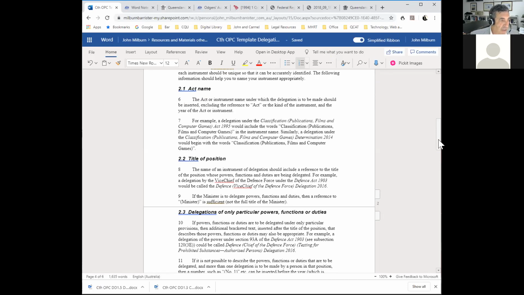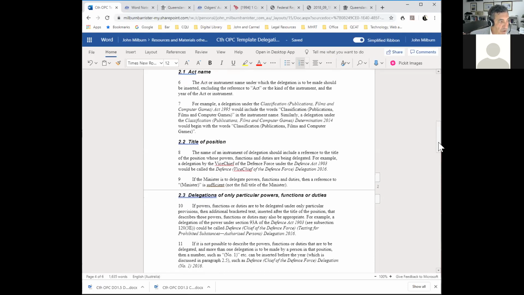So the delegation then refers to the person occupying or performing the duties of a title, whatever that title might be. The second way that the delegation might be given is to a particular class, for example, SES employees or acting SES employees, usually in the relevant government department. So that's normally the way it goes.